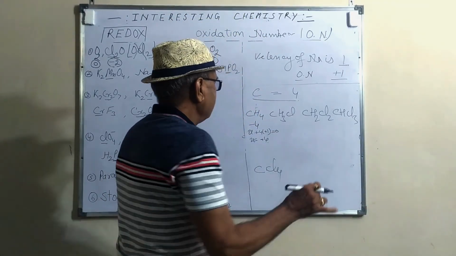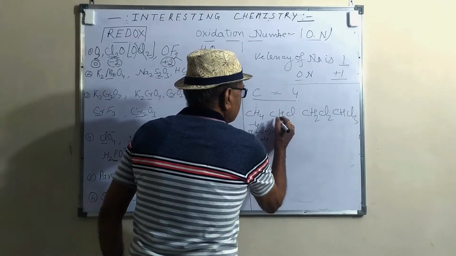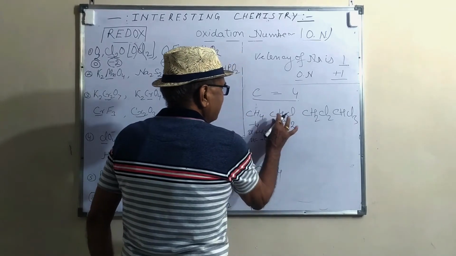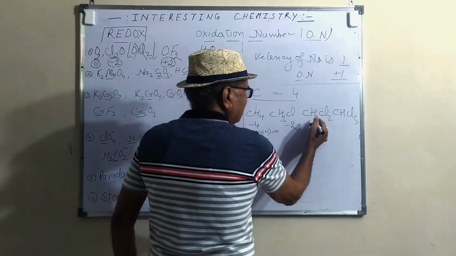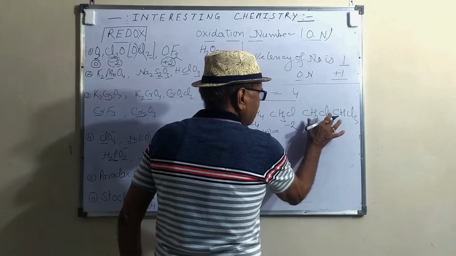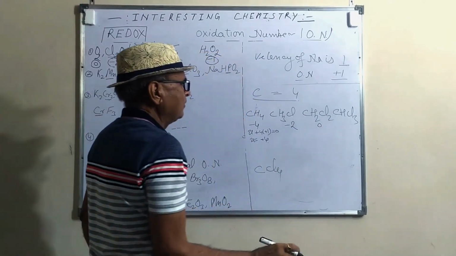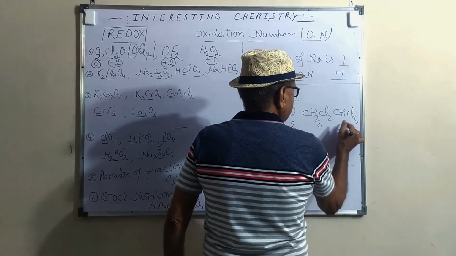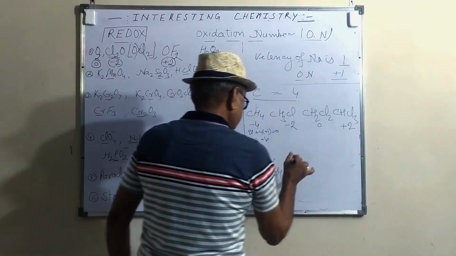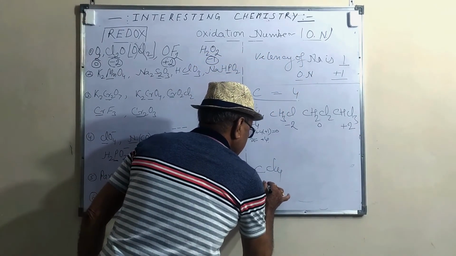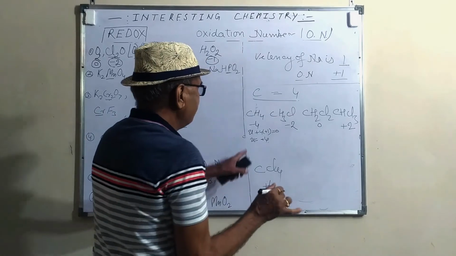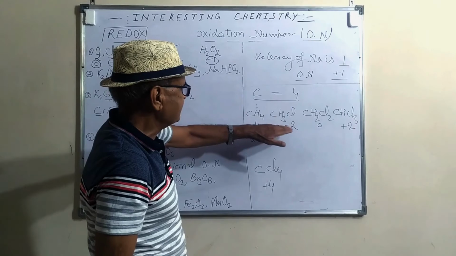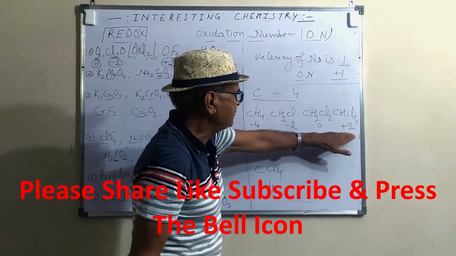different in all compounds. In CH3Cl the oxidation number of carbon is -2. In CH2Cl2 it is 0, in CHCl3 it is +2, and in CCl4 it is +4. So the oxidation number of carbon in methane is -4, then -2, 0, +2 and +4.